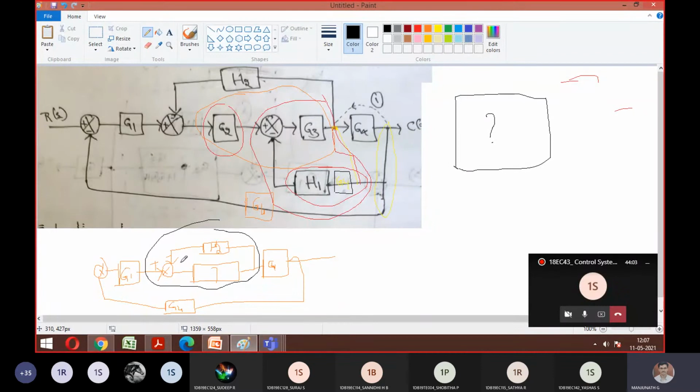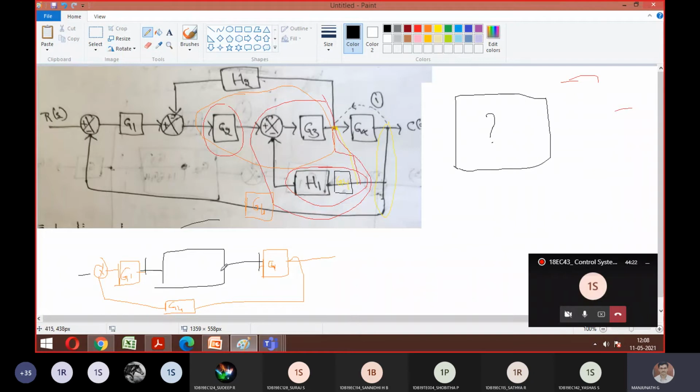Now this completely has become one block. What is going to happen with respect to my G1 and G4 to that block now? Cascade. Good. So we replace this with the single block answer you told just now. Look at the diagram carefully.